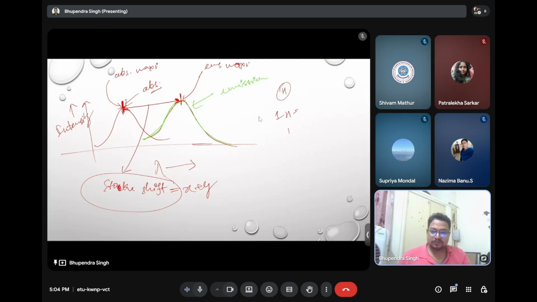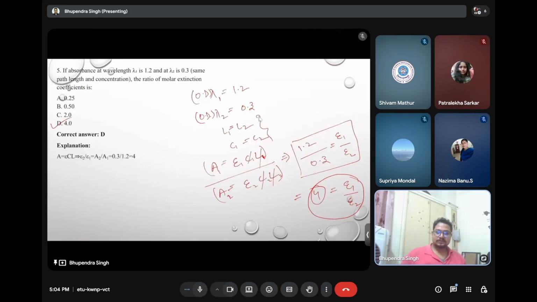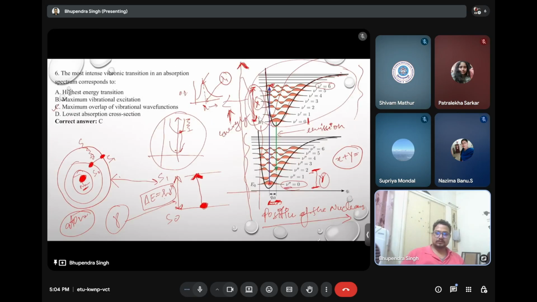And one more thing about this question: why is there this change in the nuclear position? Because even though, according to Franck-Condon, the Born-Oppenheimer approximation is there, they are considering that the nuclear position is not changing.